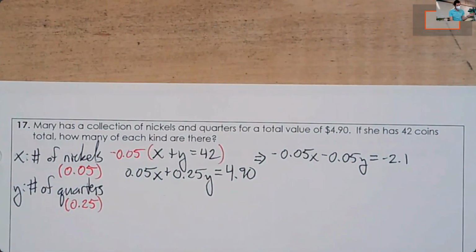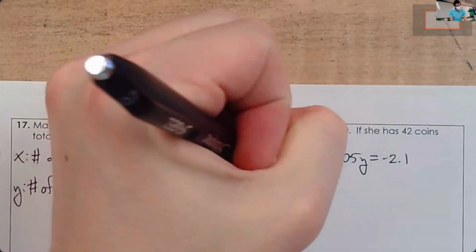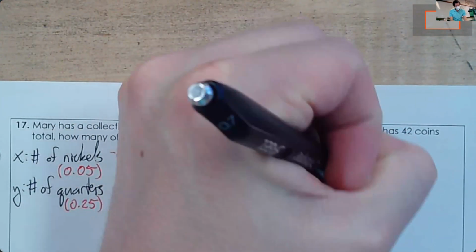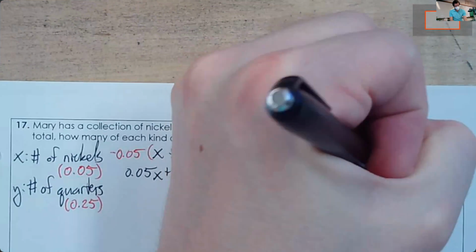And the bottom equation stays exactly the same, negative 0.05x plus 0.25y equals 4.90.